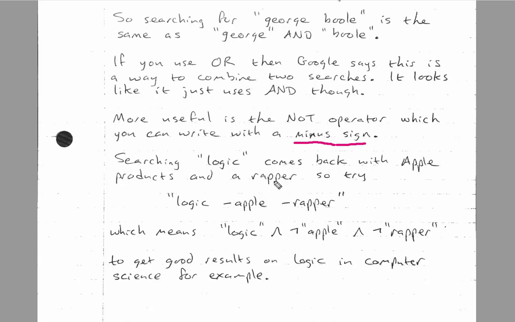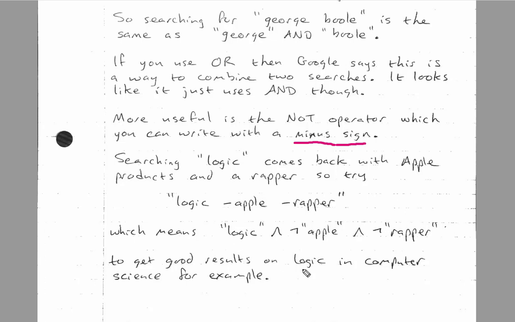So to get rid of those things you don't want, yeah, you can search for logic minus Apple and minus wrapper. Okay, so that means you're looking for the word logic, and not the word Apple, and not the word wrapper.